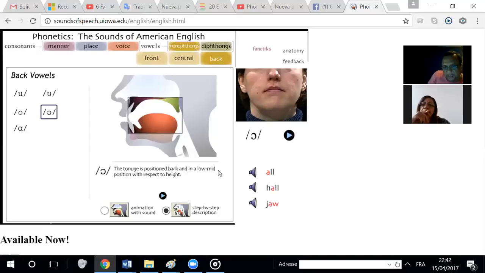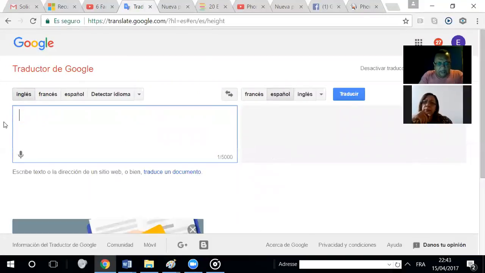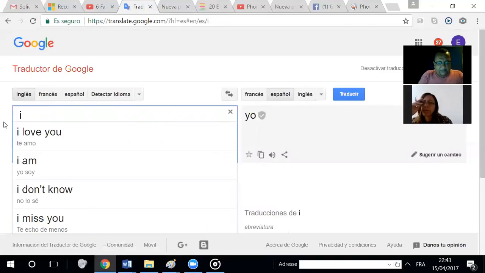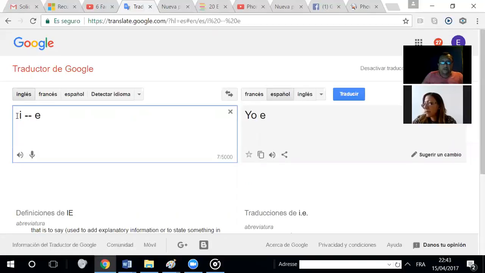Look at this. Let me show you, please. You need to think every time you find an E, and after this you find a consonant, the sound is going to be I. Time, mine, shine, fly, bike.